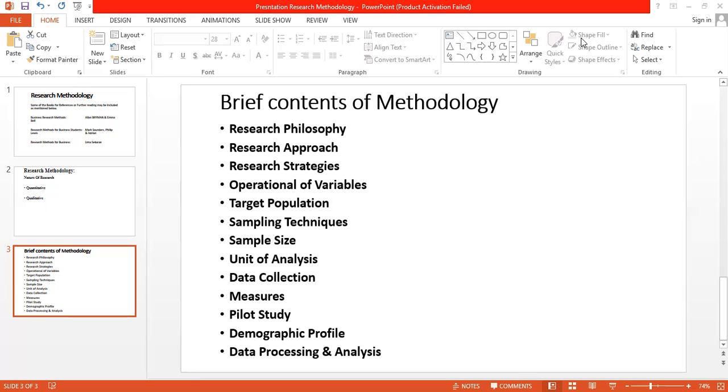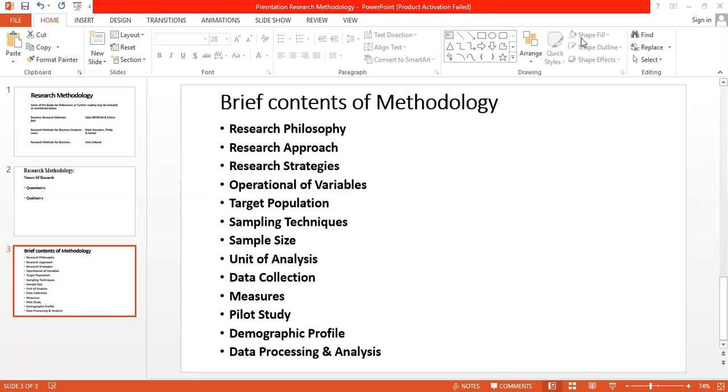If you are working on green HRM, you may collect the data from HR officers or HR managers. So the target population will be different. If you are collecting data from customers, then you will tell about the customer population. If the data is collected from hotel employees, then you will discuss that.